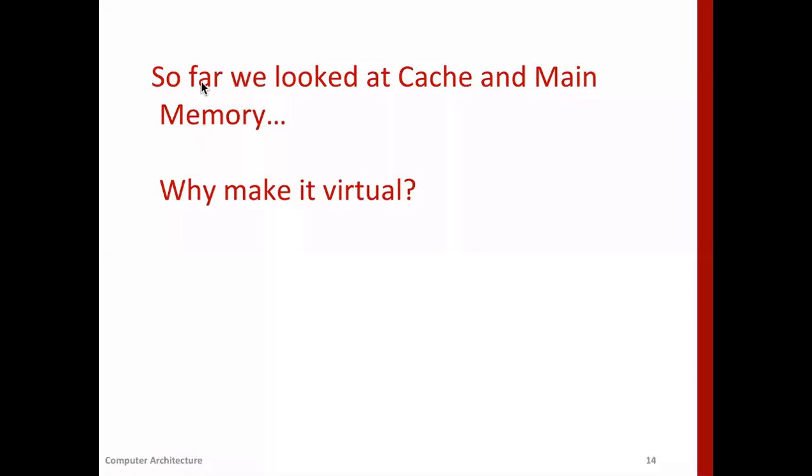See, so far when you are programming, what do you assume? When you write a program, are you bothered about physical memory, or do you even know physical memory exists? No. I mean, ask a typical programmer who is a non-computer science graduate.